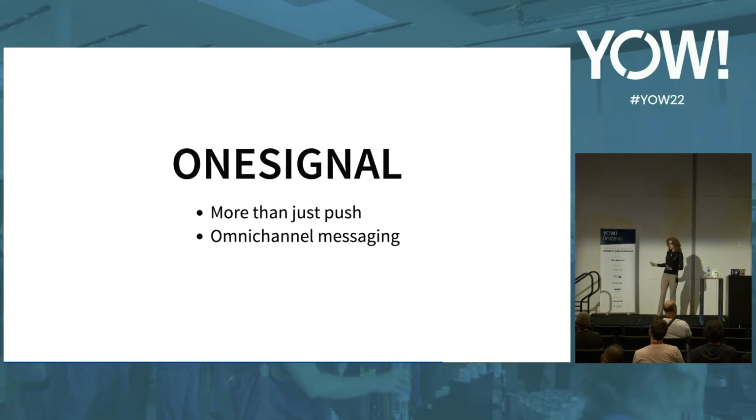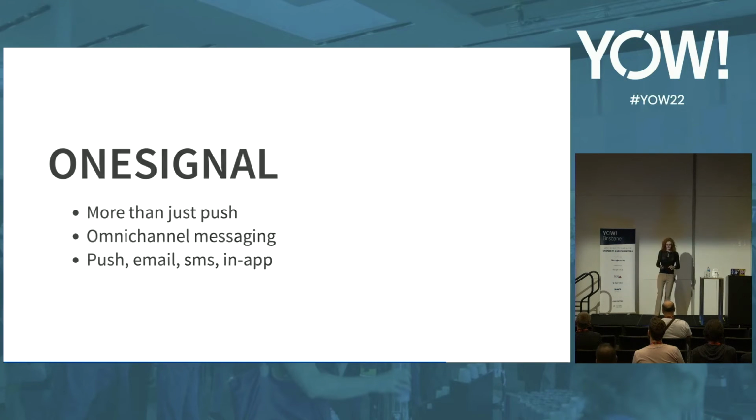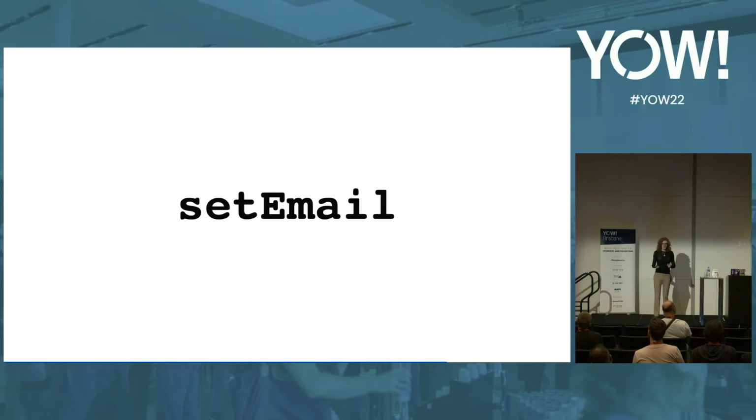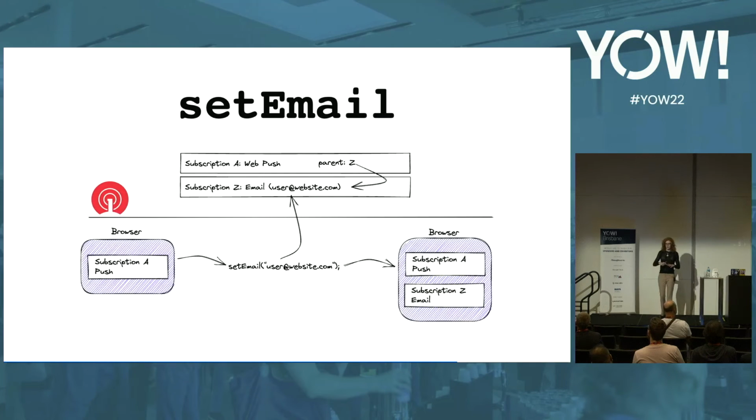And the first platform that we added that wasn't just push was email. And the way that we let our customers access this was through a method in the SDKs called setEmail. And when you called the setEmail method, you provided it with an email address. And what it would do is it would send a request to our servers that would either look up or create, if it didn't exist, an email record with a given email address.